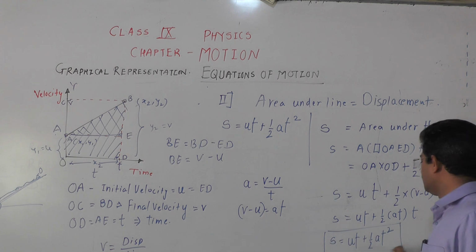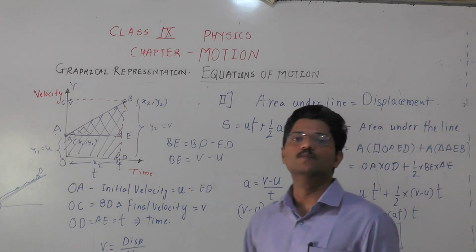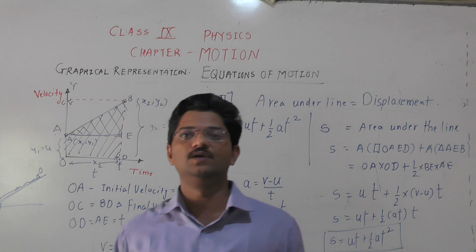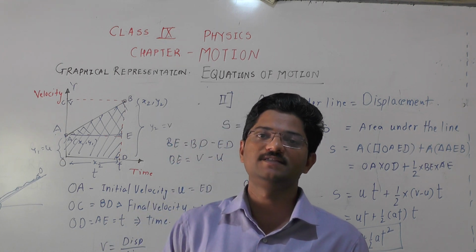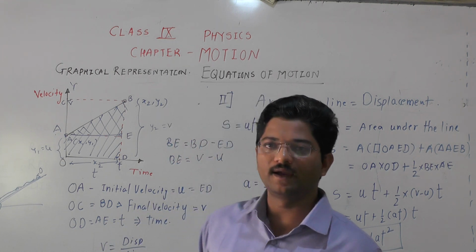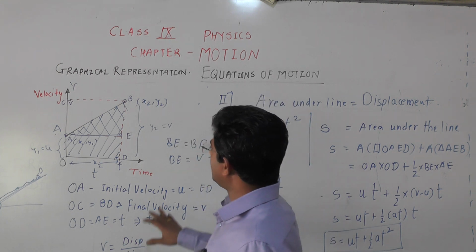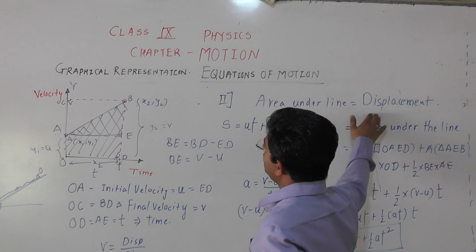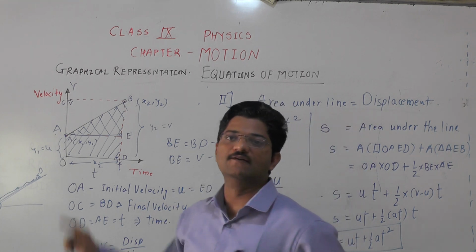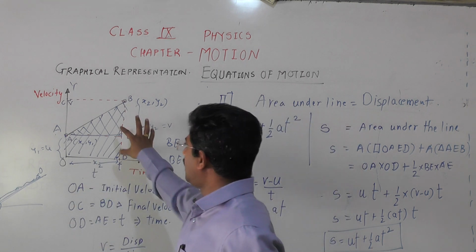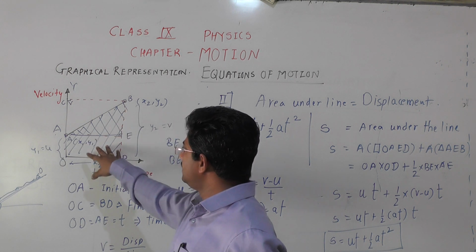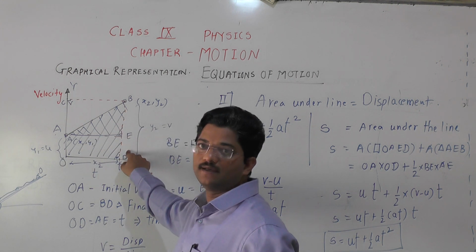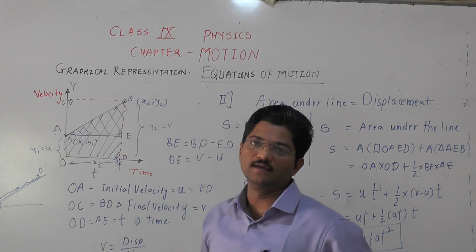So this is our second equation of motion. S is equal to ut plus half at square. It is quite simple. I will briefly review that again. What we did first, we considered the area under the line, which represents the displacement in the velocity time graph. I categorized this area under the line into two parts, one is a rectangle, another is a triangle.